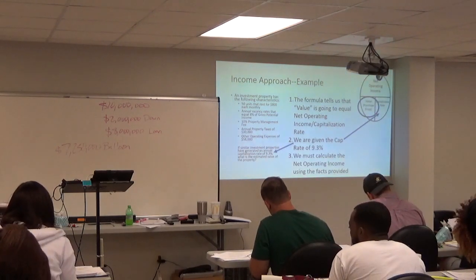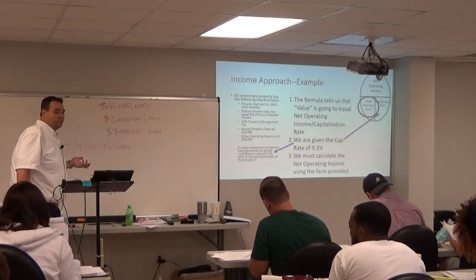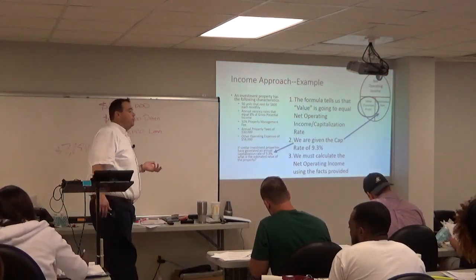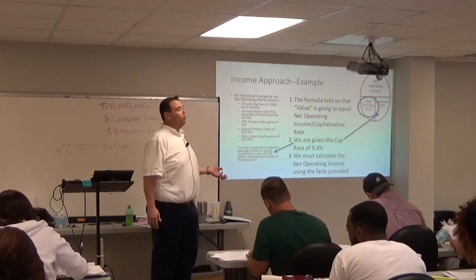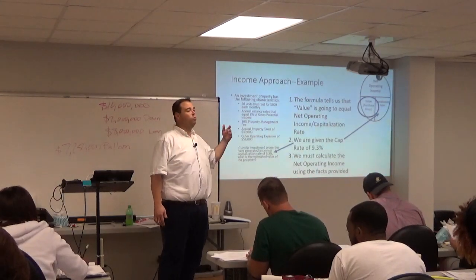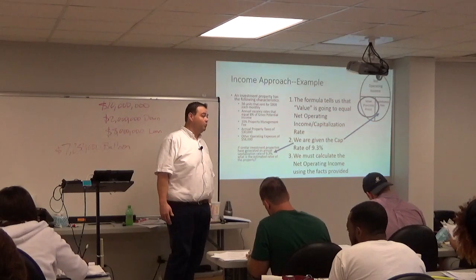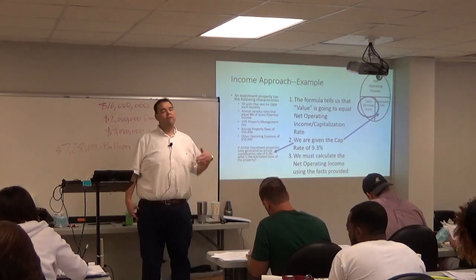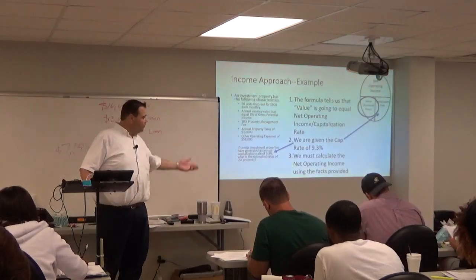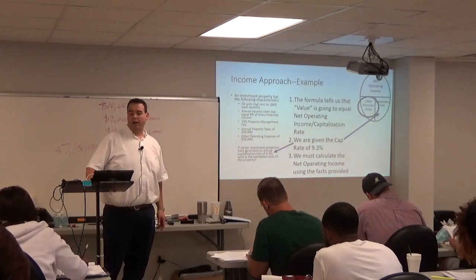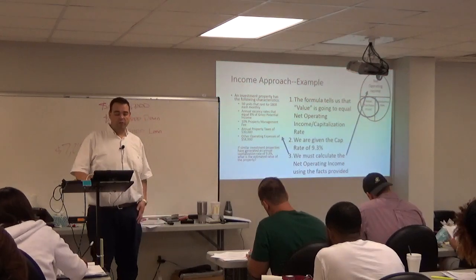They gave us the cap rate, which is just 9.3%. So we don't need to do any math with that. But they did not give us the NOI. So you have to be able to work with, remember I told you how important that formula was going to be. We will be coming back to it, right? You have to be able to calculate the NOI for the property. They've given you the cap rate, but we need the NOI to get to the value.